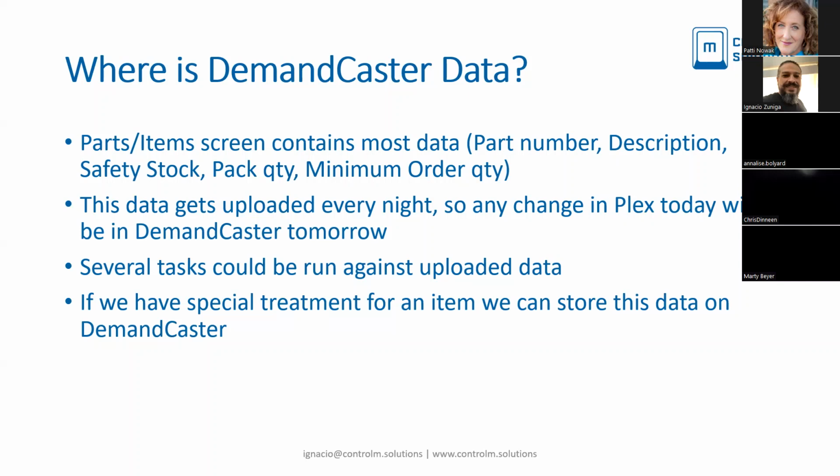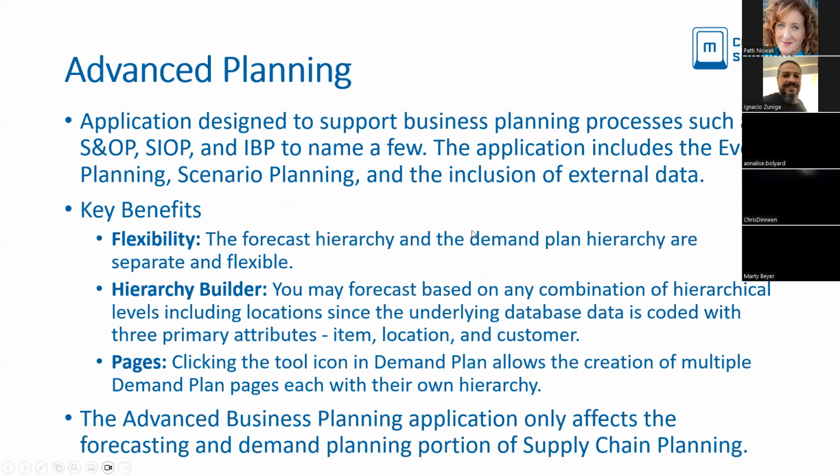So that makes a very special item. In Plex, we only have one way of doing things within items, right? It's a Plex way. In DemandCaster, you can have different ways to do it against different items, right?